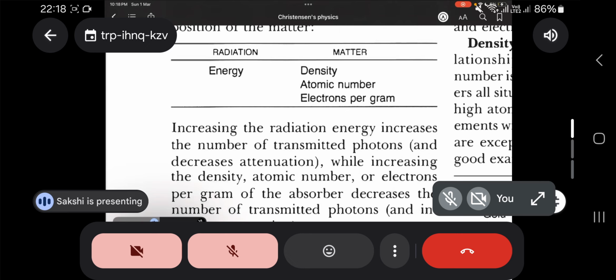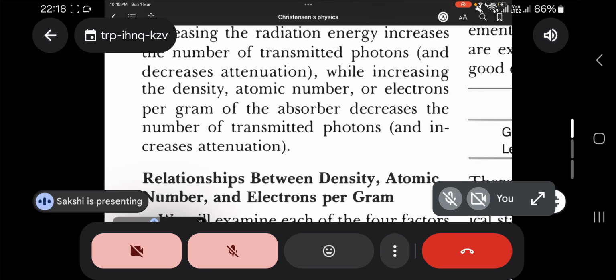Rather, I will invest my time in moving abroad or doing something fruitful for me, right? Apart from that, there are other factors also, like density, atomic number, electrons per gram. Let us talk about how these are affecting, one by one.